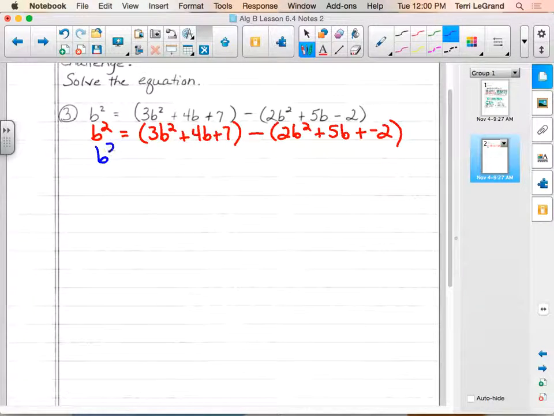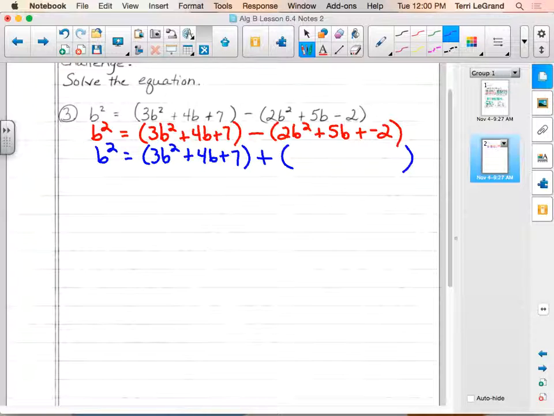We'll bring b squared along again. Our first polynomial is going to come along. And now we'll change that subtraction to add the opposite of all the following polynomial's terms. All of its terms will change to their opposite.